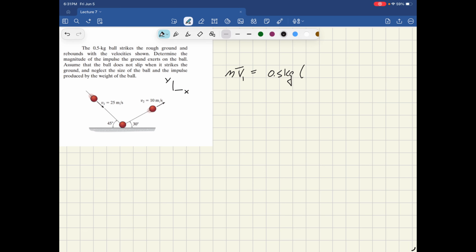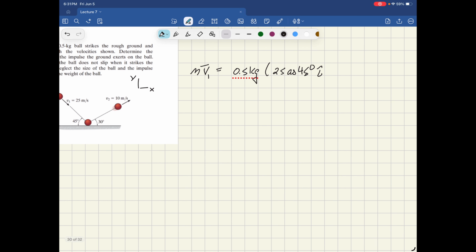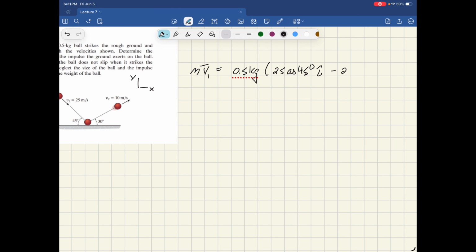So we'll say 25 cosine 45 degrees I minus 25 sine 45 degrees J. That's my initial momentum.